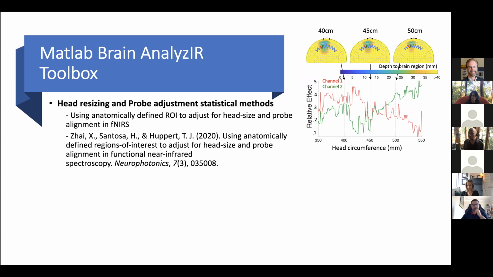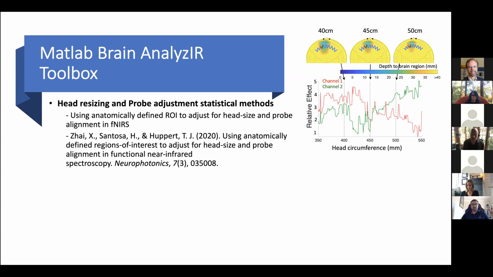And so what we've done in this year, in 2020, while we were all on quarantine, is we've added a couple of new tools. And so I wanted to highlight those. One of the tools that we've added is the ability to account for things like head size and probe registration.